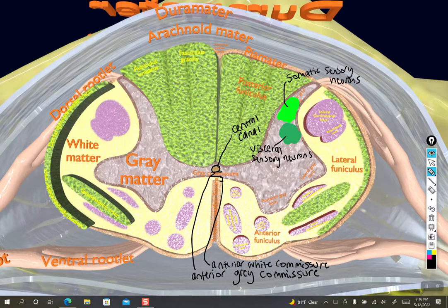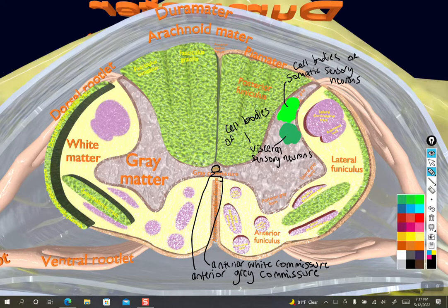So let's add cell bodies of, and then we'll say cell bodies of, I'll just erase the central canal. Okay, and then in the posterior, or excuse me, the anterior gray horn, see their mislabeling is screwing me up.